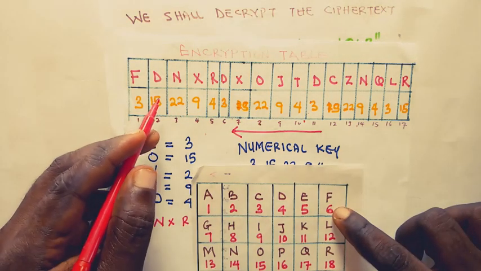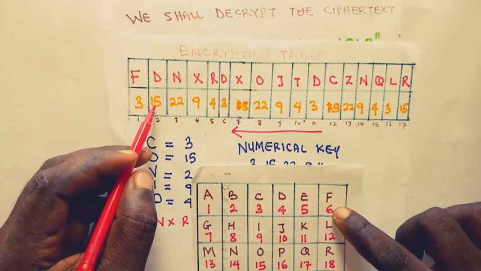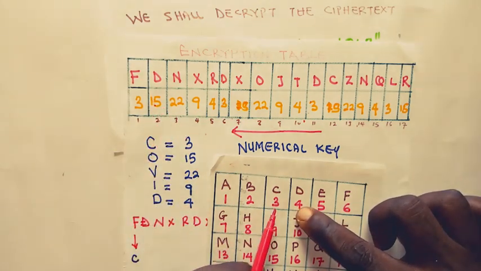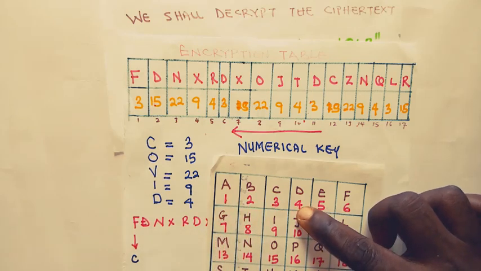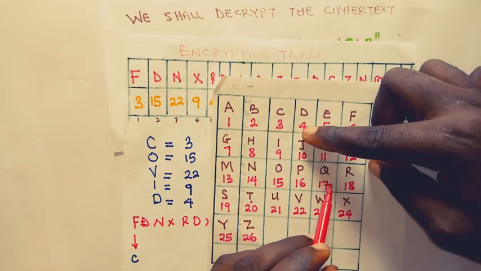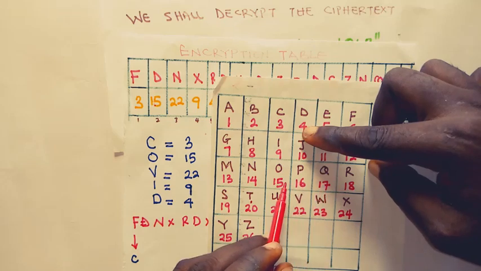Then the next thing I go for letter D, and I have to shift it backwards 15 times. Here is D, shift backwards 1, 2, 3, 4, 5, 6, 7, 8, 9, 10, 11, 12, 13, 14, 15.